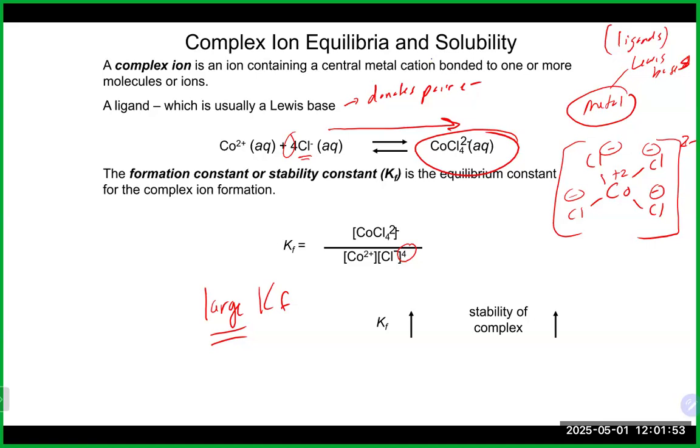What that means is, because they are typically very large values of Kf, product formation is basically favored. It wants to make that complex ion. So the formation of that complex ion is definitely favored in the case of Kf because we typically do see a large value for K.